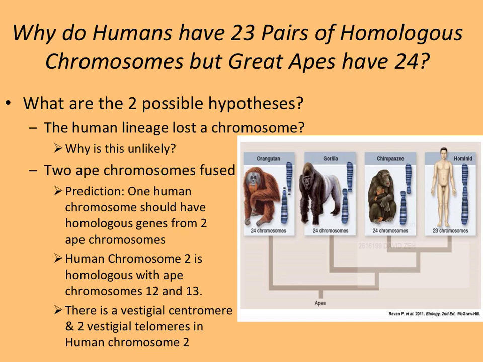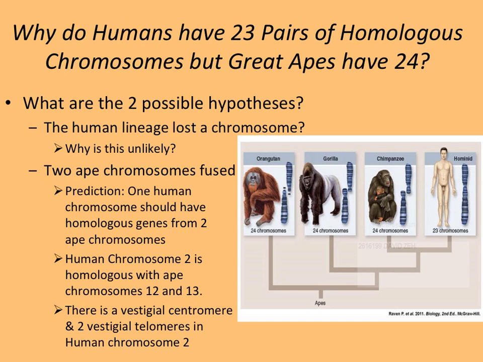Human chromosome 2 has the same genes as chromosomes 12 and 13 for apes. Yes? You just said 13 and 14, but up there it says 12 and 13. Oh, sorry, my fault, 12 and 13.